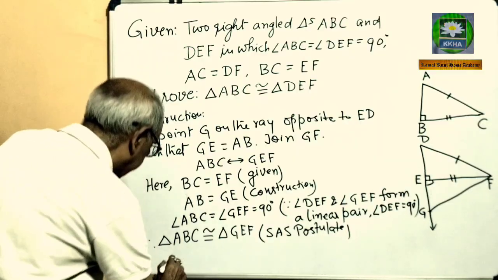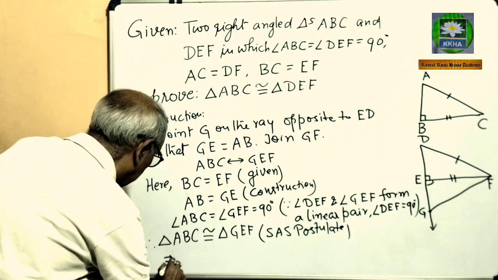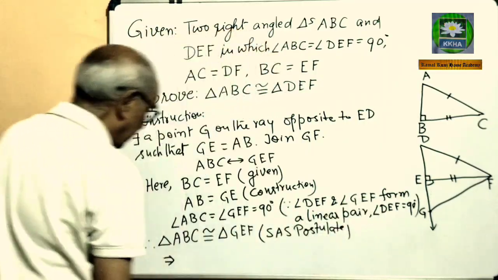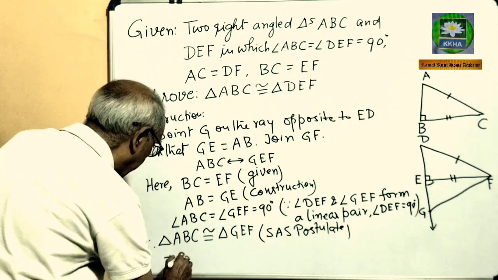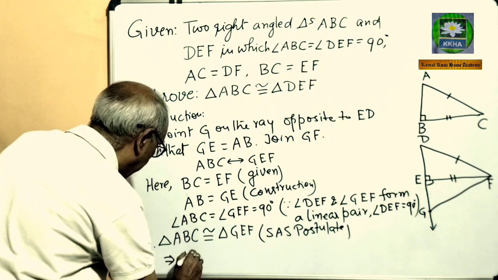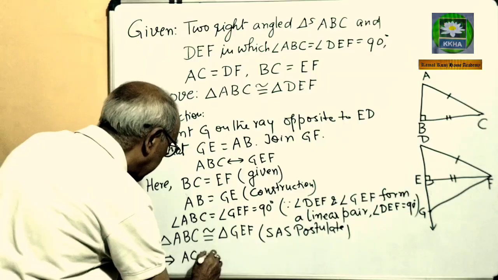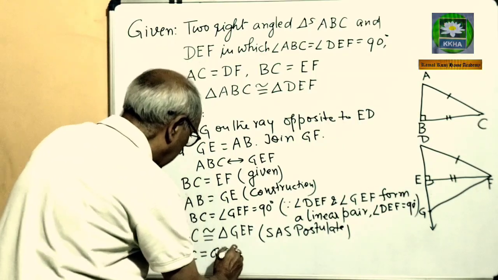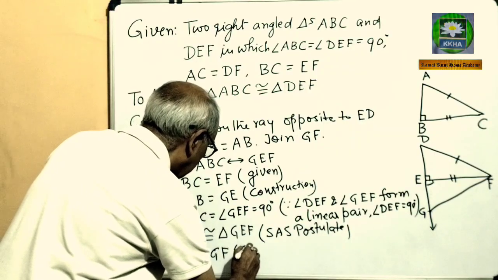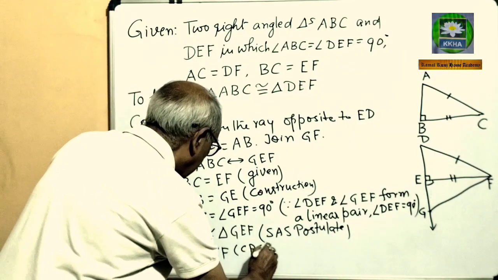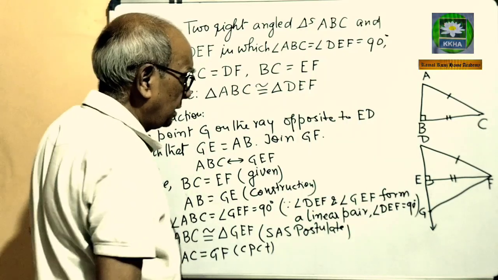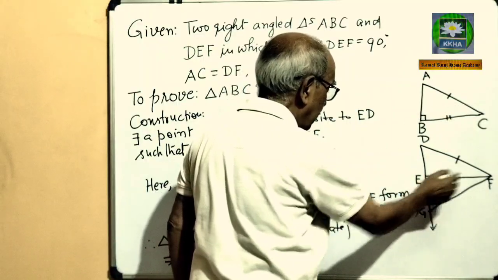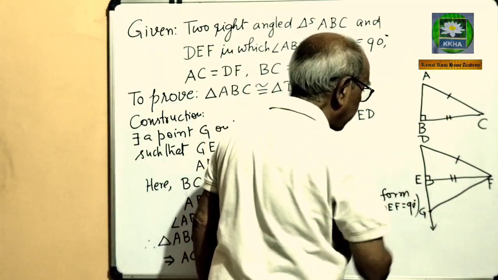This implies that AC equal to GF, corresponding parts of congruent triangles. Since triangle ABC is congruent to GEF, therefore AC will be equal to GF.